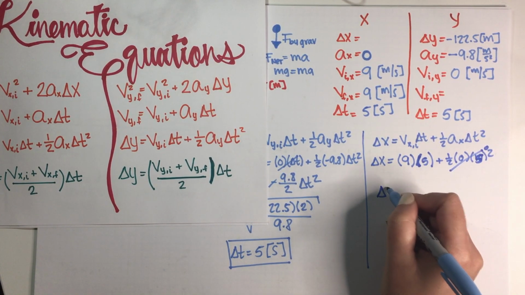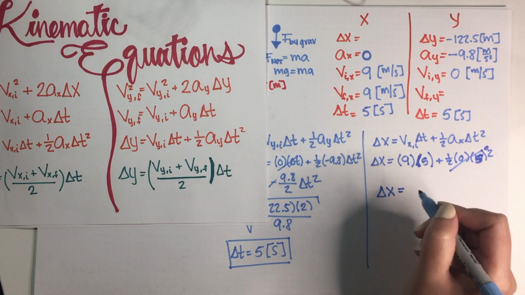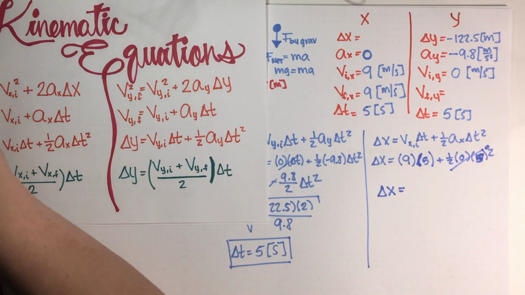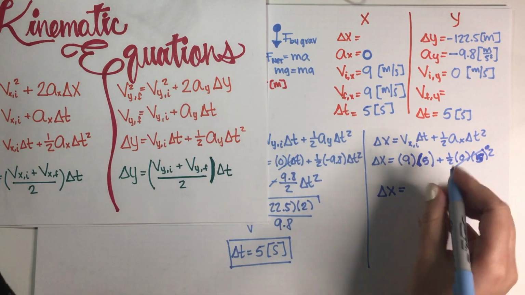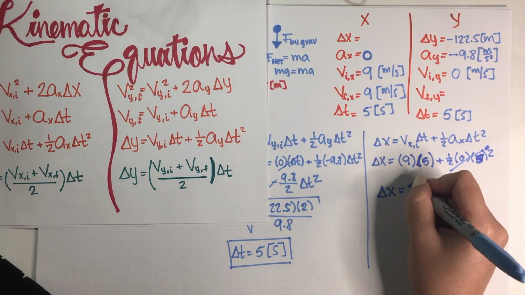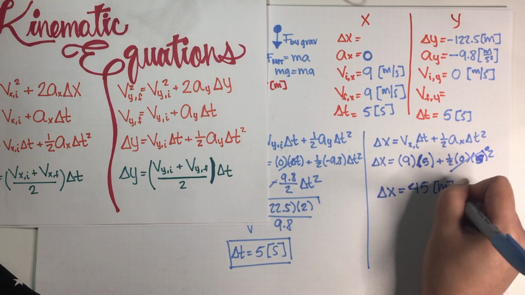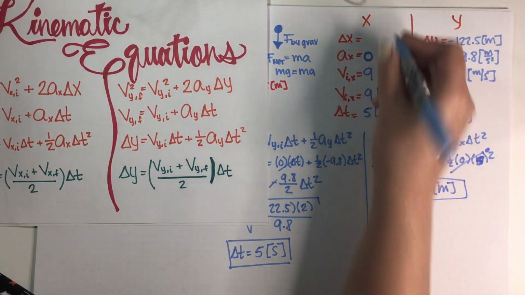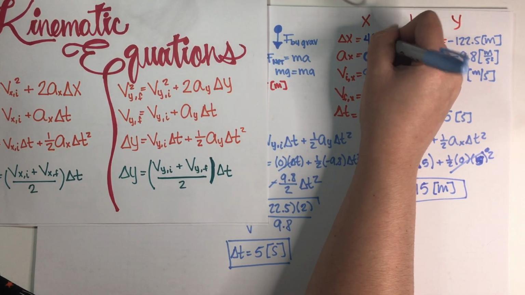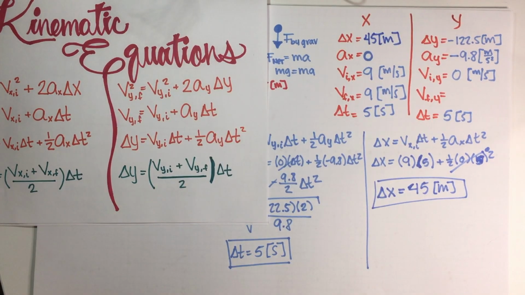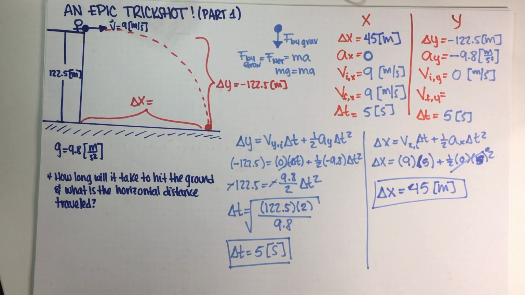So delta x is just equal to 9 times 5, so that is going to be equal to 45 meters. Final answer. So this is 45 meters. And there we go. And that basically solves the first part of our problem.